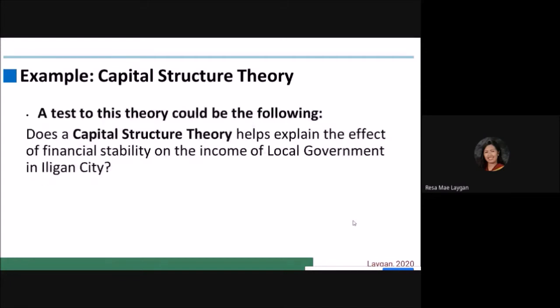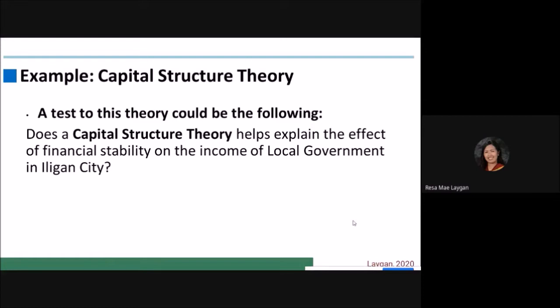My study is about the effect of financial stability on the income of local government in Iligan City. So here is the question or the validity test of this theory on this research problem. Thus, capital structure theory helps explain the effect of financial stability on the income of local government in Iligan City.